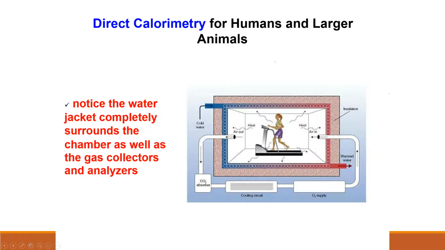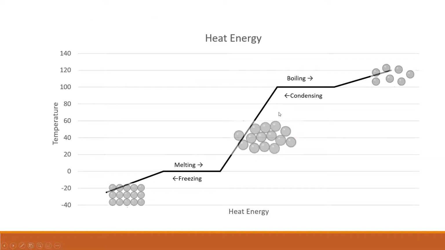If they have you exercise, they're not going to put you in that ice chamber. They're going to surround you with water and measure how much that water changes temperature. The room will be surrounded by a little water jacket, and that water jacket will increase in temperature based on how much heat you're releasing. They can then determine how much heat came from you.